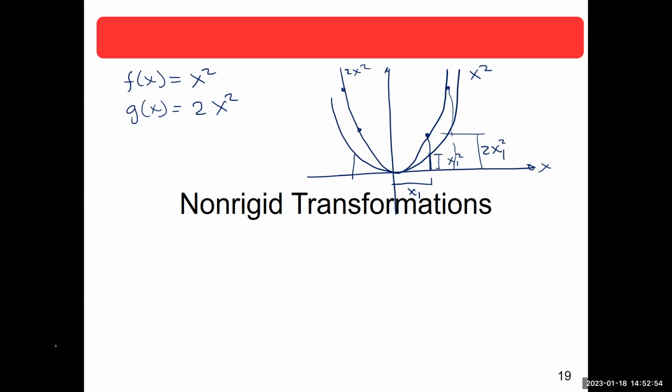Now let's try a different one. Let's say I have v of x equals x squared divided by 2. Let's see what happens. We're going to do the same things.